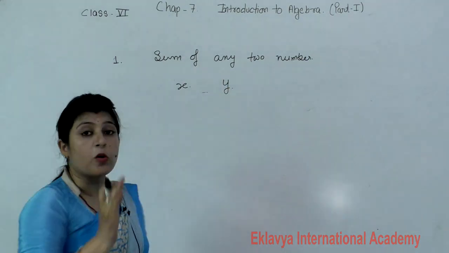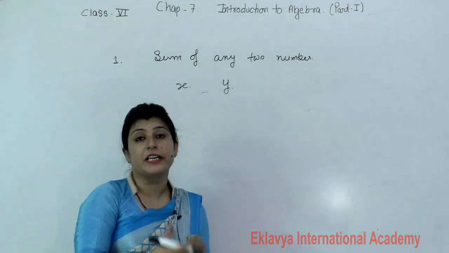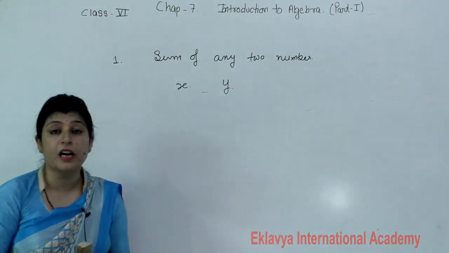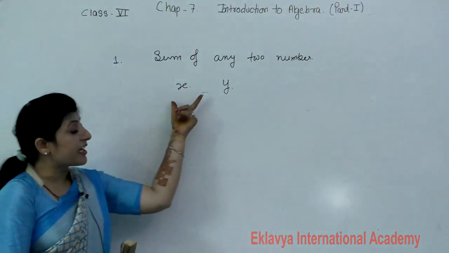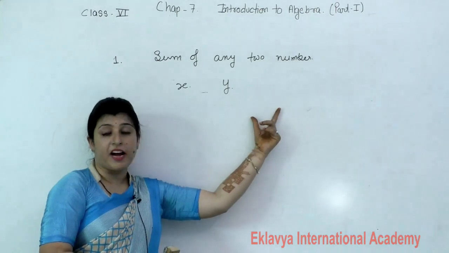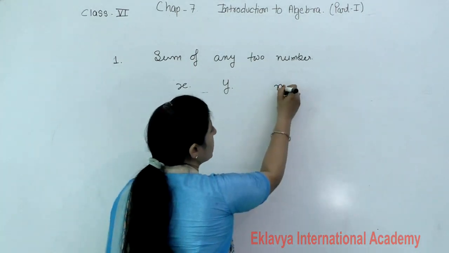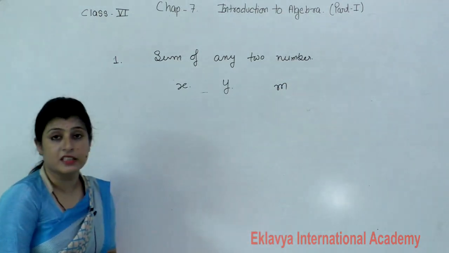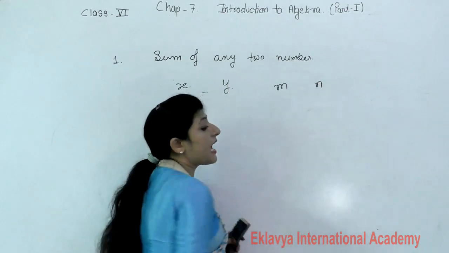We don't know the value of these numbers, that's why we will represent these numbers by unknown variables. First variable we take x, second variable we take y. You can take any other variables also. Suppose you take, let one number be m, another number be n.